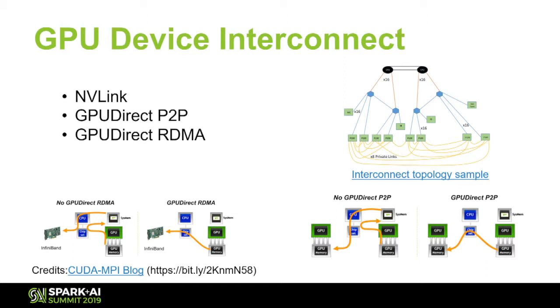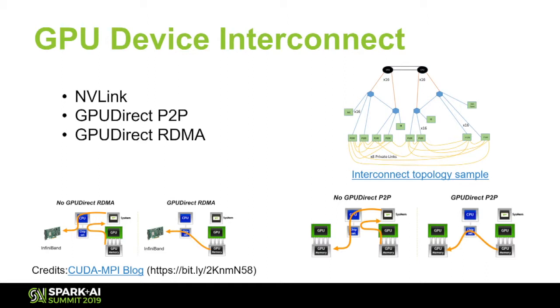And if you think about that, within a node, if there are 2 GPUs that are used for training, they can communicate with each other using NVLink. So NVLink is a high bandwidth peer-to-peer communication interconnect that's available. If 2 GPUs are connected using NVLink, this connectivity can be discovered and can be taken advantage of during training.